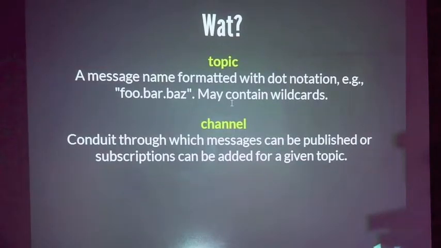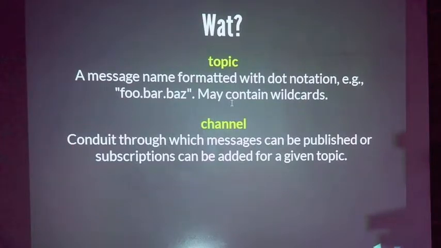So Postal divides topics into namespaces where you have channels, and under a channel you can have any given number of topics. This makes sense because you may have an application dealing with automobiles and money. For some reason your application deals with both of these things.